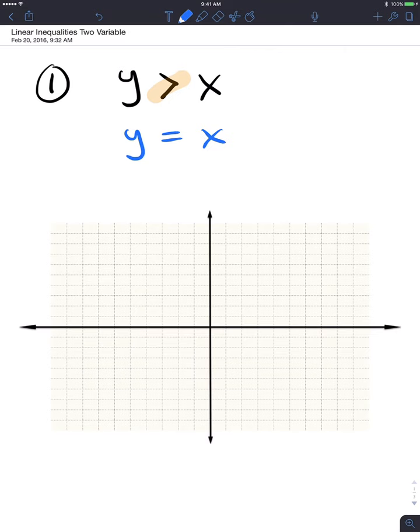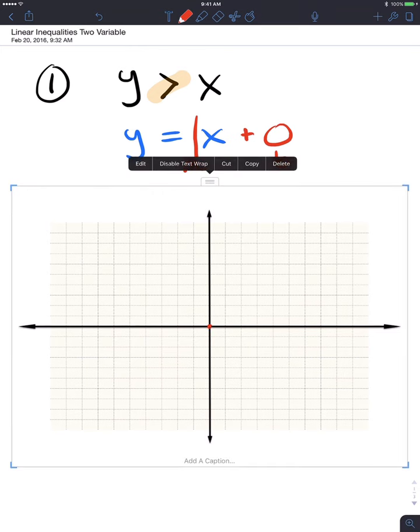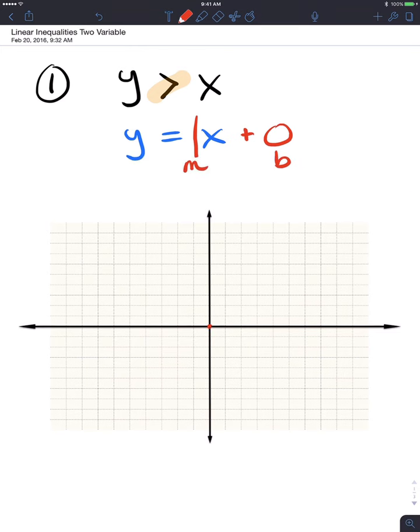And if we notice, in slope-intercept form, starting from our first principles for this first problem, we have a slope of 1, our m value, and a y-intercept of 0. So if we remember, what this means is I start by plotting my y-intercept at the origin here at 0.